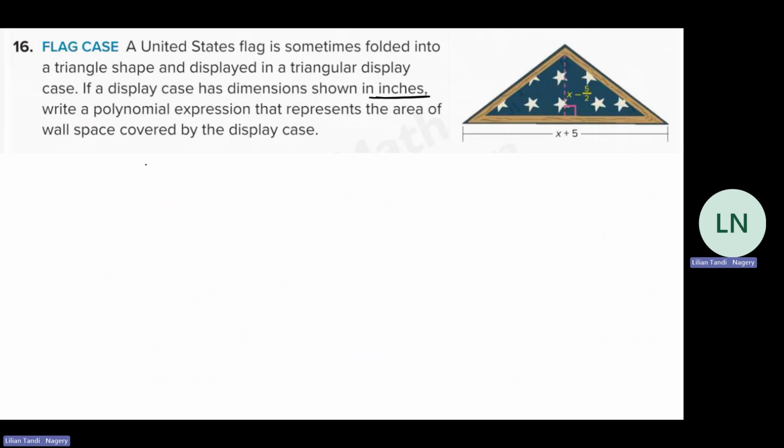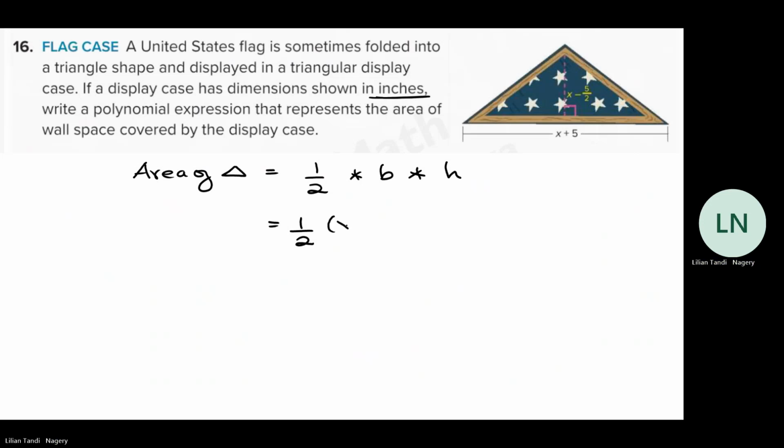So area of triangle is half times base times height. Half, our base is what? x plus 5. And our height is what? x minus 5 over 2.